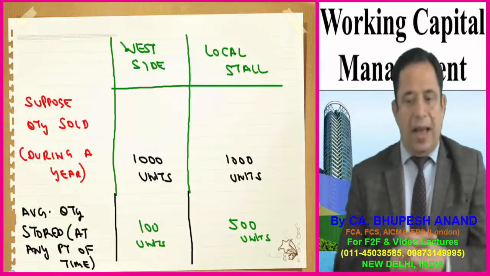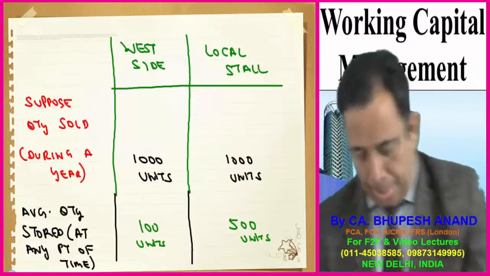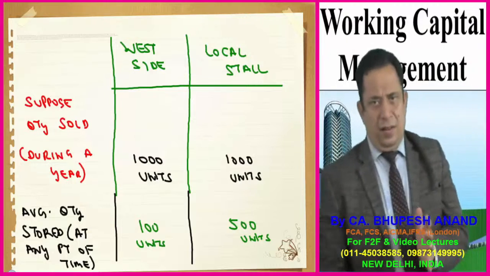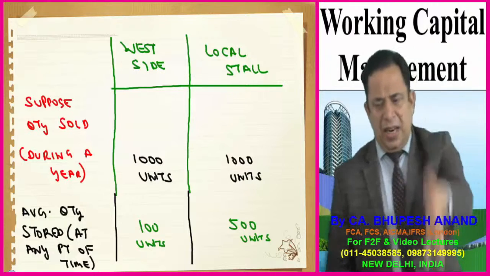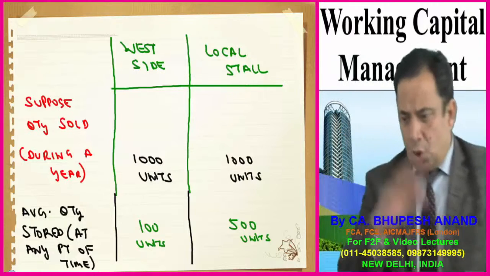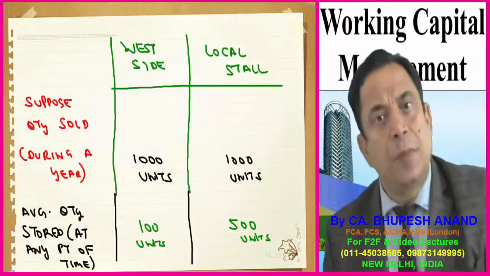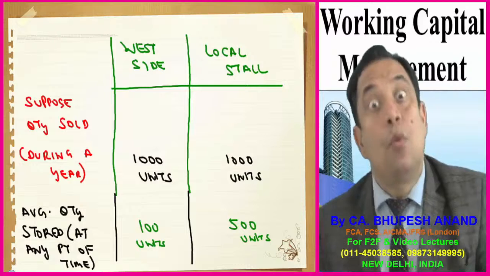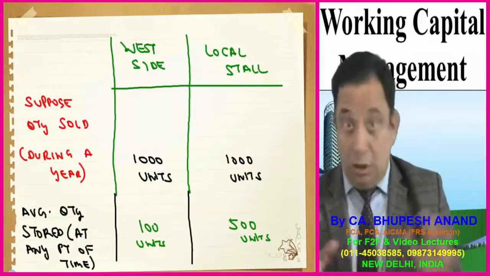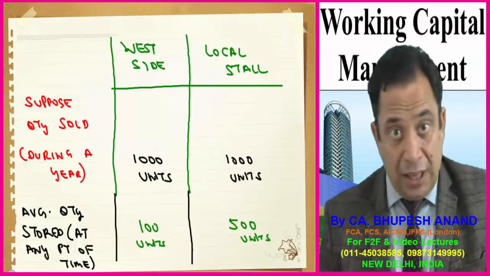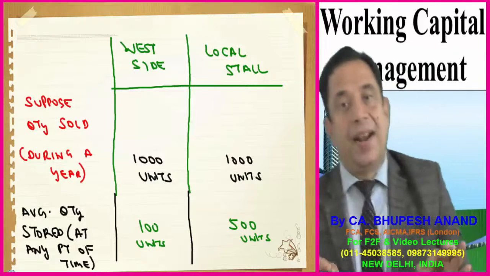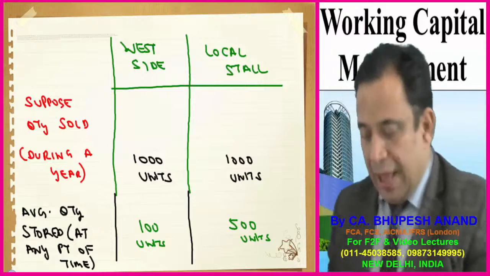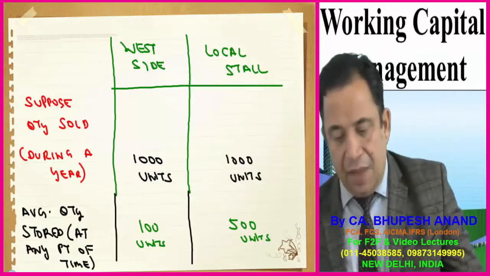So I have assumed the average quantity stored at any point of time, on any day, is 100 units for West Side, and 500 units for the local stall, because they keep unbranded things, so they have to have more variety of goods. So this is logical. 1000 units are being sold by West Side and 100 units are kept as stock, and for the local stall 1000 units are being sold and 500 units is the average quantity.